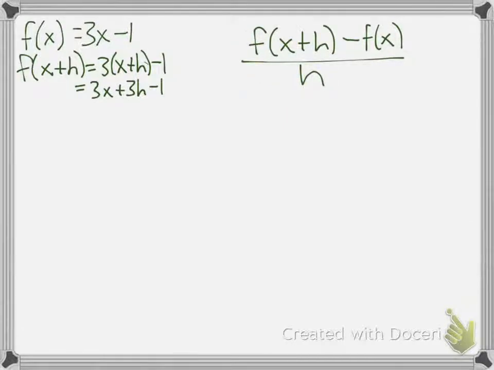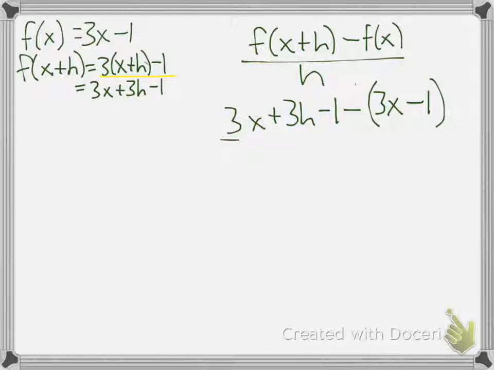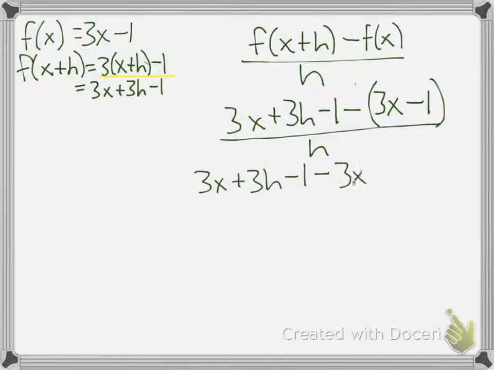Now I could just plug in this first to the whole thing, but why not simplify? Maybe it'll make it easier for us. So I'm going to put in 3x plus 3h minus 1 minus the quantity 3x minus 1. Don't forget that negative. You have to distribute it to the second term. So now we get 3x plus 3h minus 1 minus 3x plus 1, because it's a minus a negative, over h.